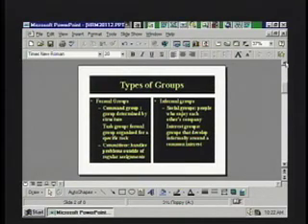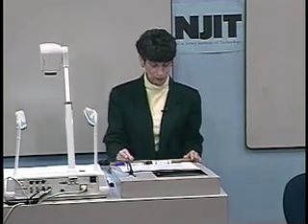So task groups are usually formed to accomplish something very specific, and you get onto a task group not because of your hierarchical position, but because of what you bring to the table, what you can contribute to accomplishing that specific task. It might be a marketing group, and you bring something specific in terms of marketing a new product to that group. So another type of group within the organization.